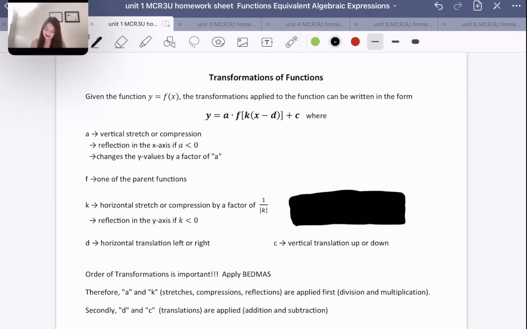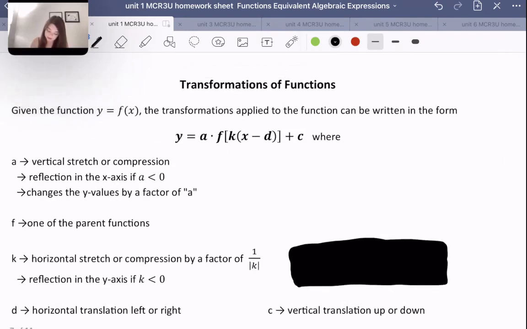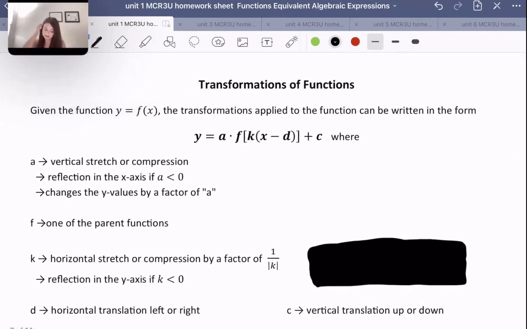So basically, here we have this function y equals f of x, and the transformations can be applied as follows. We have y equals a times f of k times (x minus d) plus c. And each of these has a purpose.